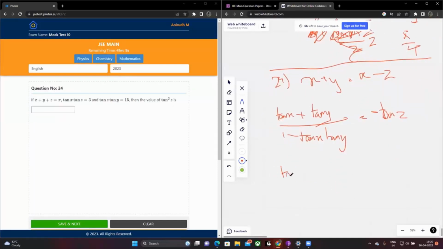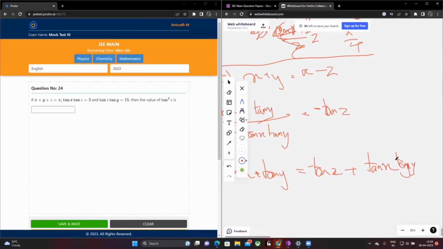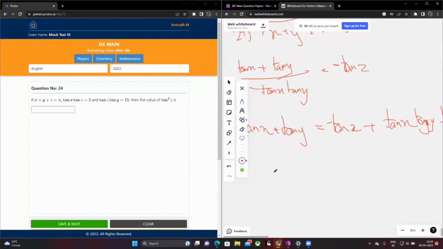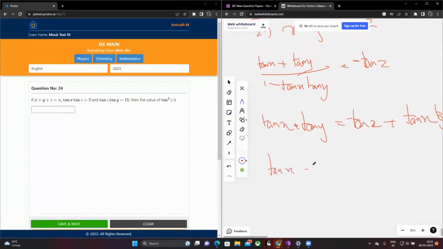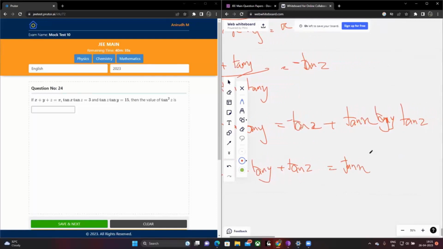So this equals tan x plus tan y equaling minus tan z plus tan x tan y and tan z. So bring this to this side, it is basically tan x plus tan y plus tan z equals tan x tan y tan z, right?